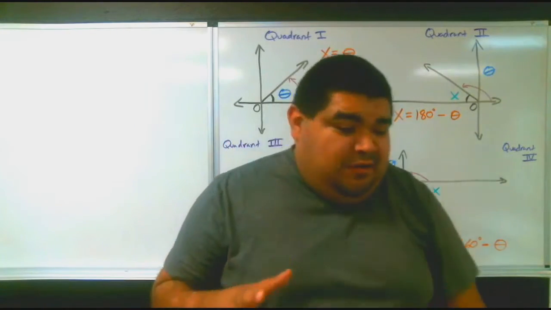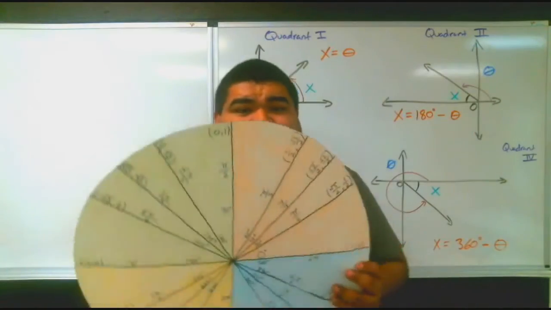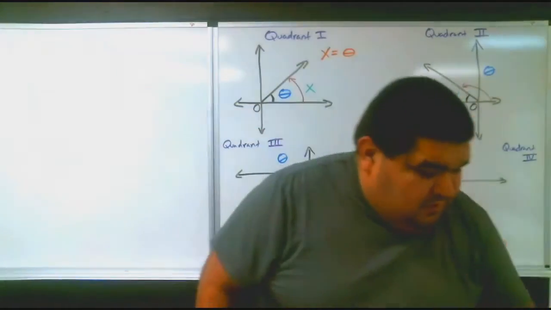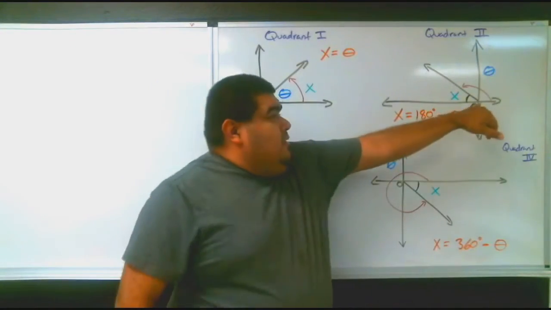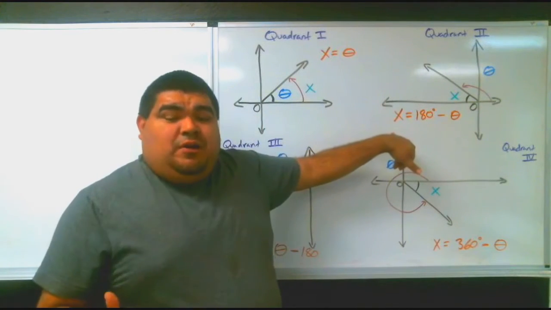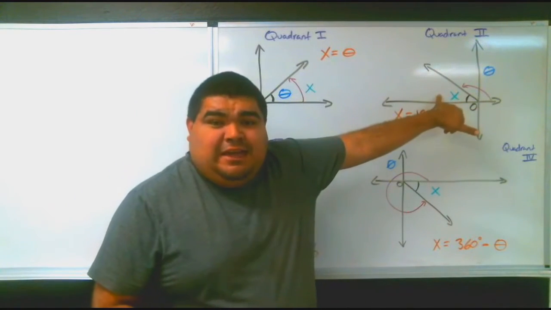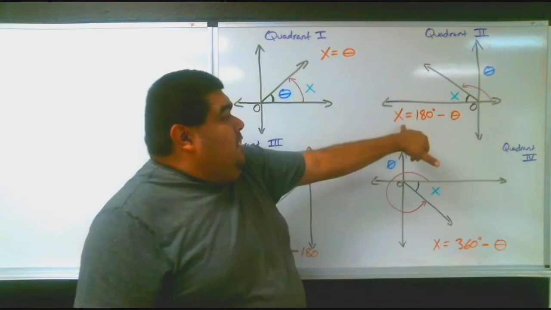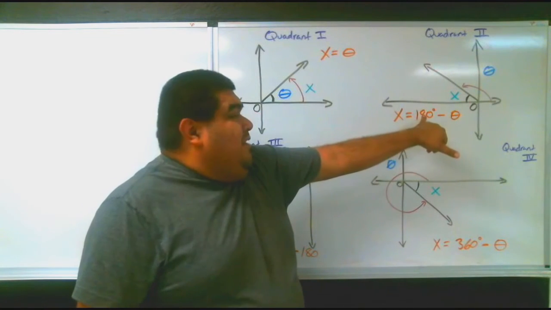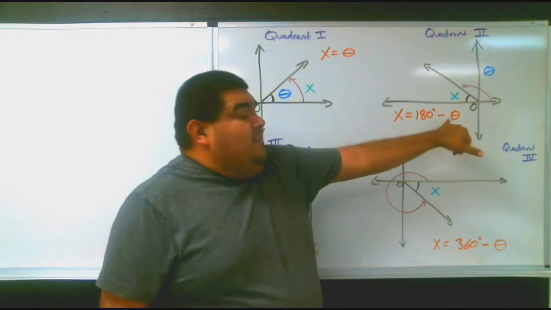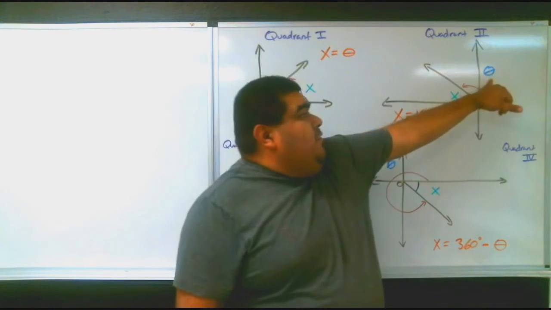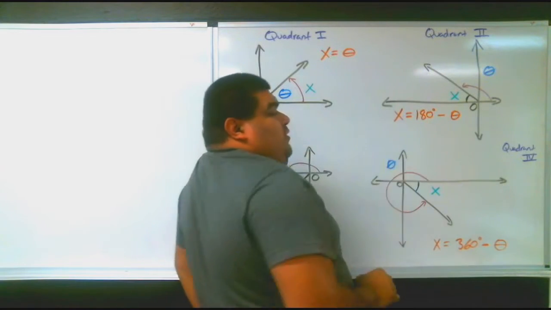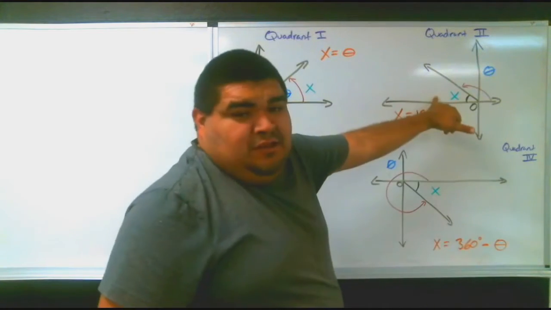This is where that unit circle we did comes in handy. Your equation to solve for x in quadrant 2 is x equals 180 degrees minus theta. Notice I have theta over here. Whatever theta is, you subtract it from 180, and that should give you x.